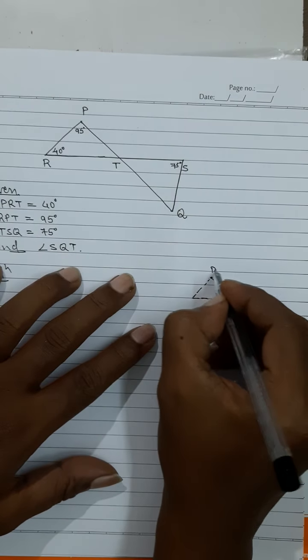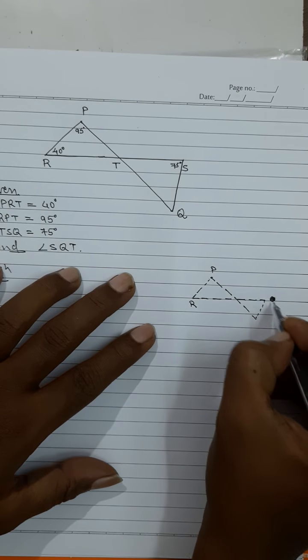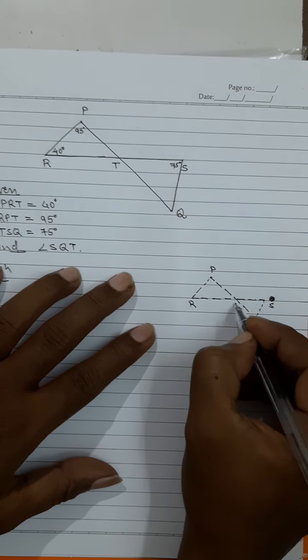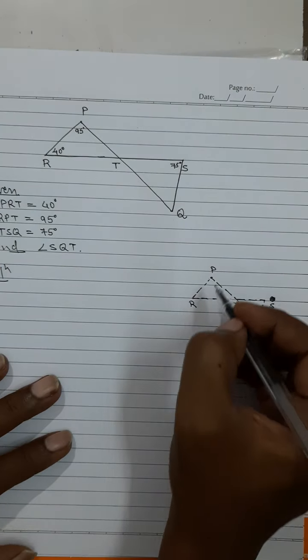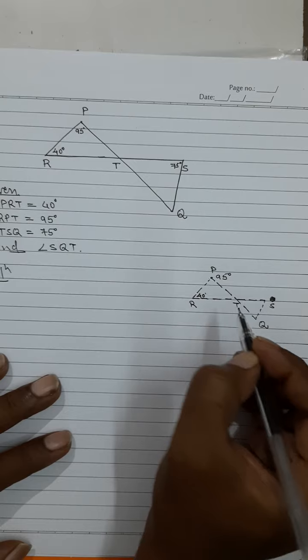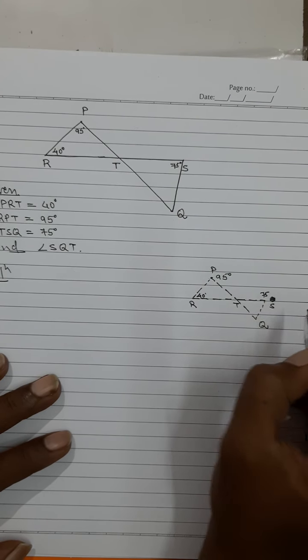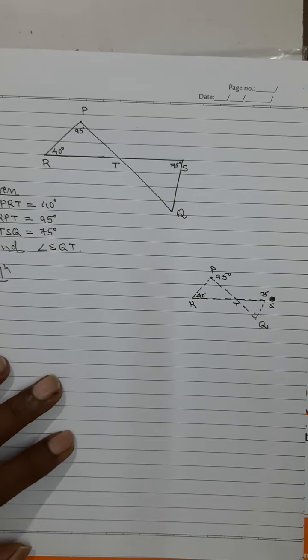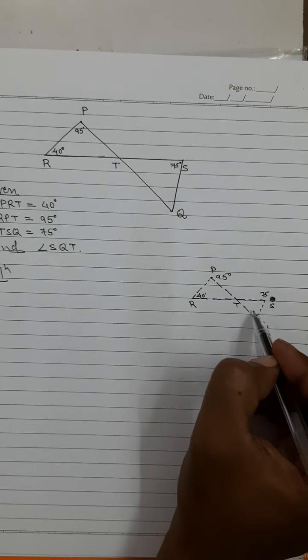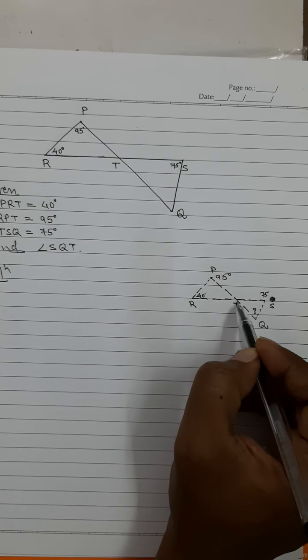So we have got P, R, S, Q, T. They have given this as 95 degrees, this as 40 degrees, this as 75 degrees, and they are asking us to find this. See, if we have to find angle Q, I should know the angles of triangle TQS.